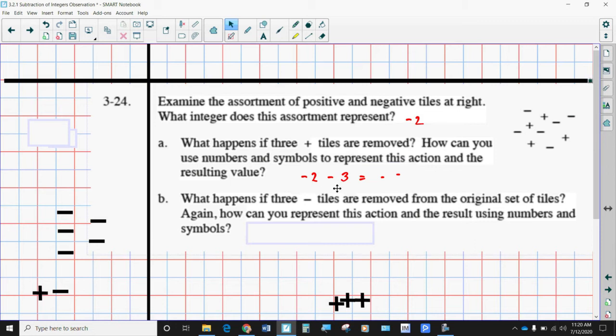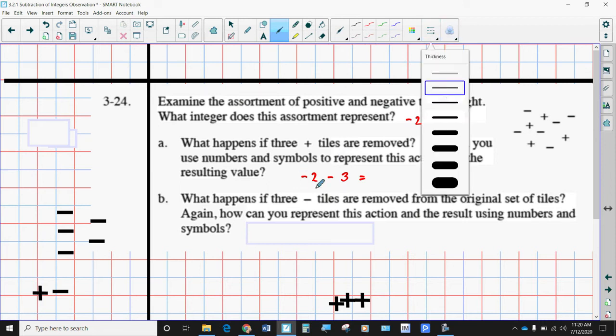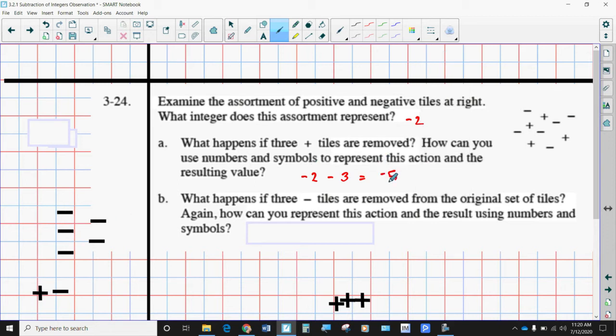So -2, what is going on there? Ooh, I guess I'll have to write it back in. Sorry. So you started with -2, you took away 3, and what do we have left over? 1, 2, 3, 4, 5 negatives. So your answer is -5. So -2 minus 3 is equal to -5 when we use the logic of these integer tiles.